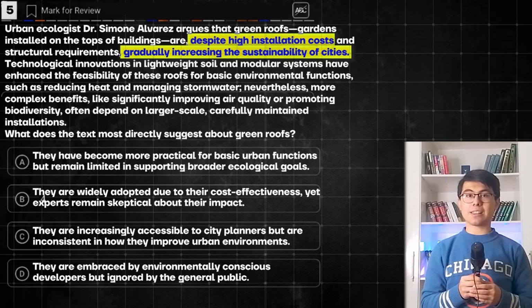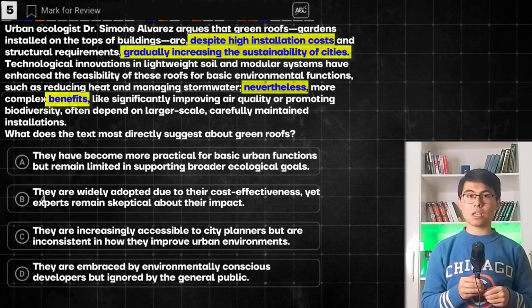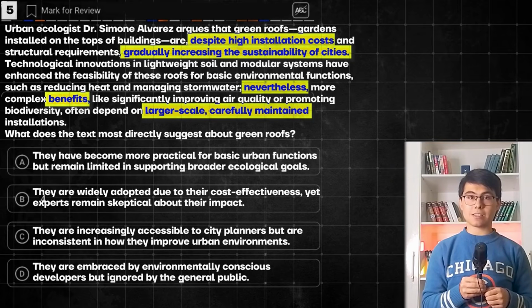Technological innovations in lightweight, solar and modular systems have enhanced the feasibility of these roofs for basic environmental functions such as reducing heat and managing stormwater. Nevertheless, more complex benefits like significantly improving air quality or promoting biodiversity often depend on larger scale, carefully maintained installations.